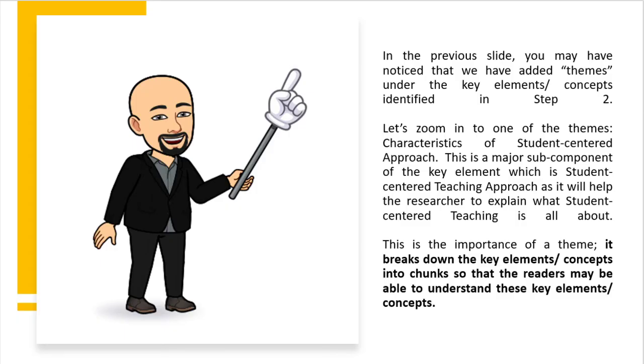So I have already discussed to you the implications and the role of these themes, which were found in the previous slide. Once we have gathered the themes, once we have identified those themes under the key elements, then the first half of your literature map is complete. We now have a general idea of the content that your RRL, your review of related literature, is going to contain because of the literature map.